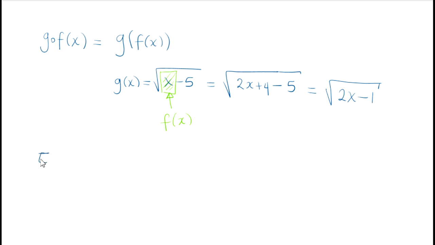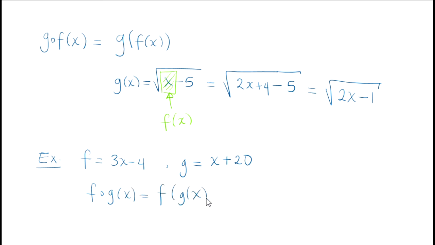I can give you one example. Let's say f is 3x minus 4, and let's say g is x plus 20. Let's say you try to find f composed with g of x. So you find f of g of x. So g goes into f.